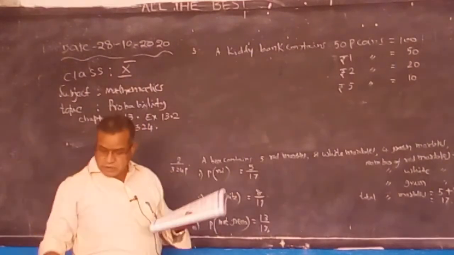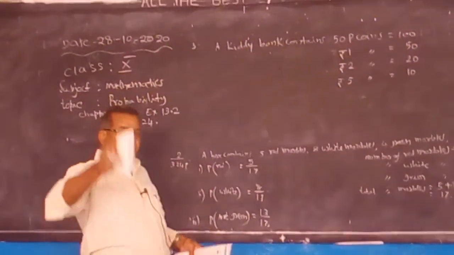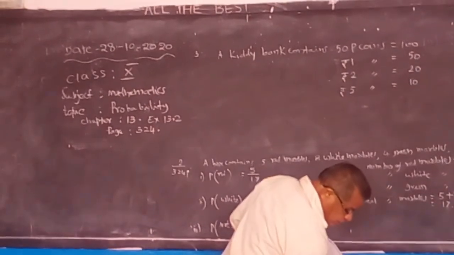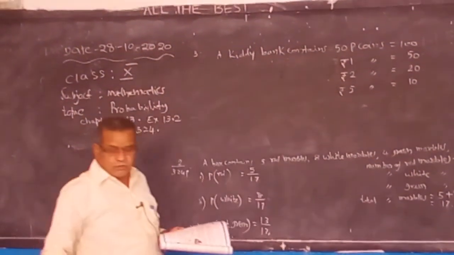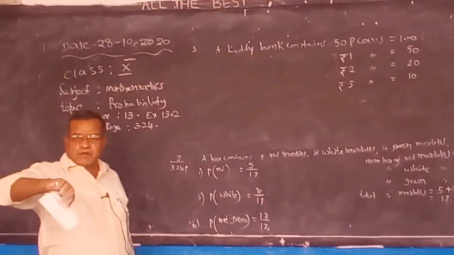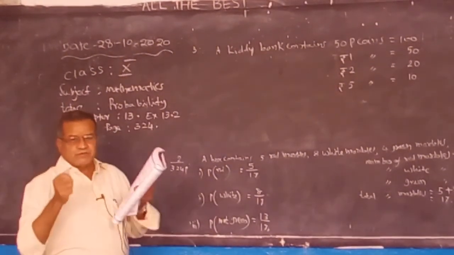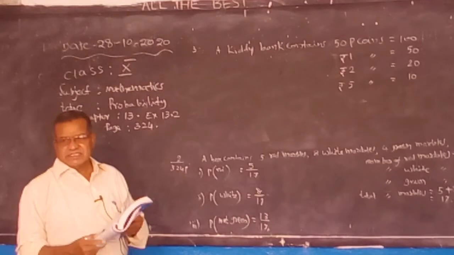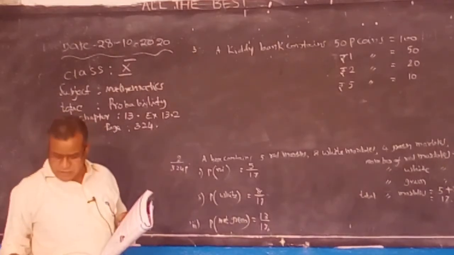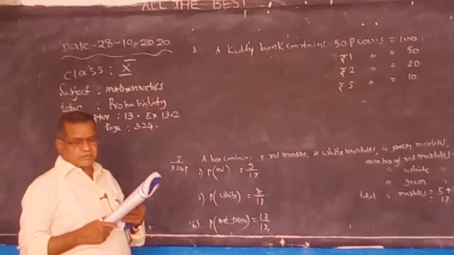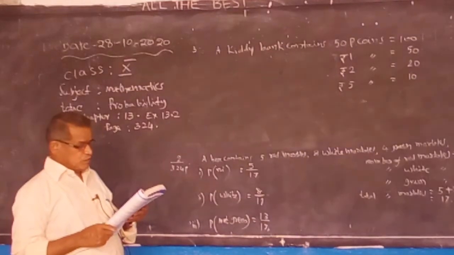We have to turn it like this. When we turn like this, some coins will drop from the kitty bank.